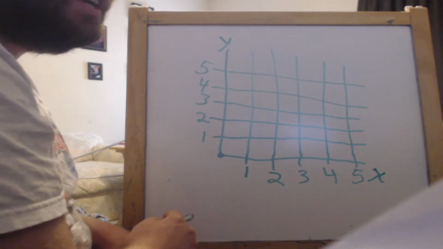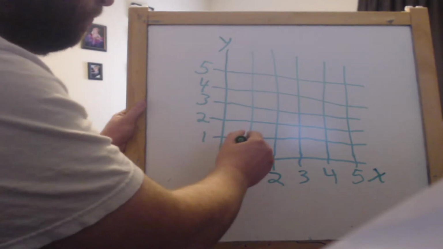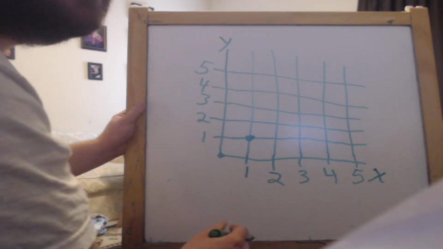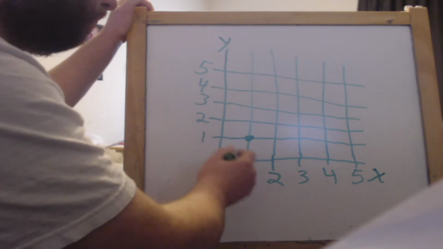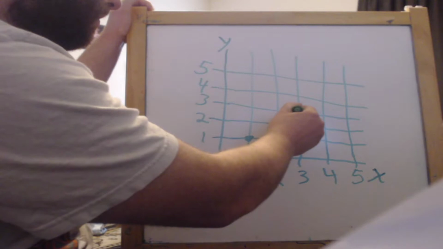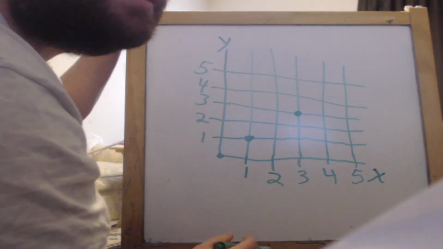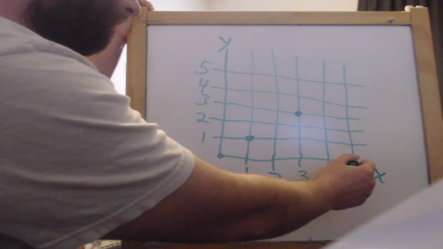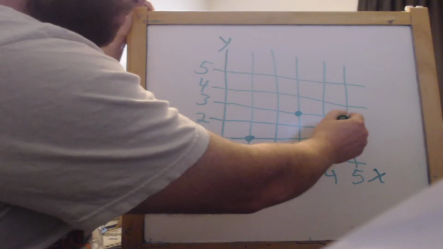So we have (1, 1), then (3, 3), and then (5, 3).